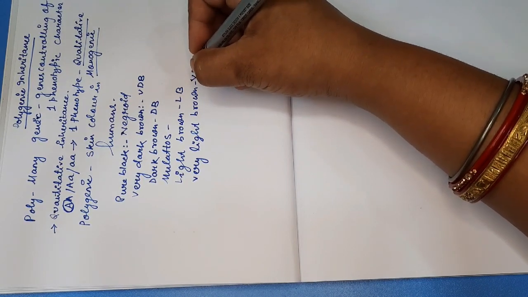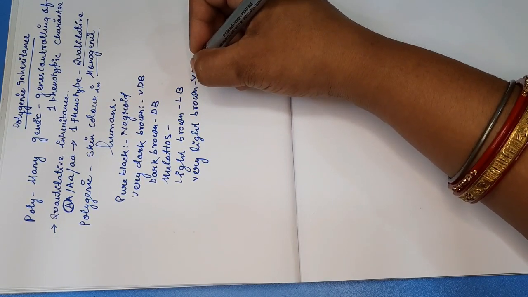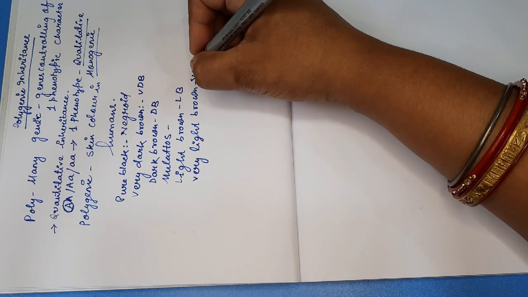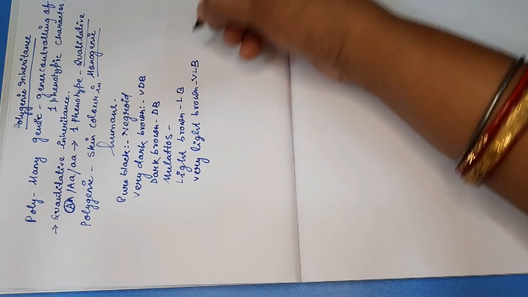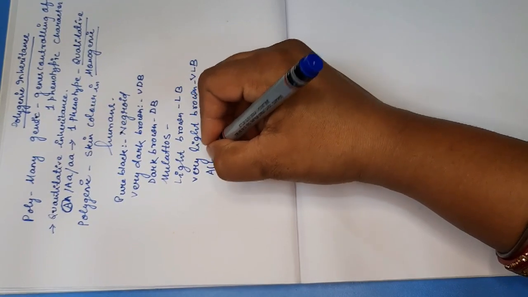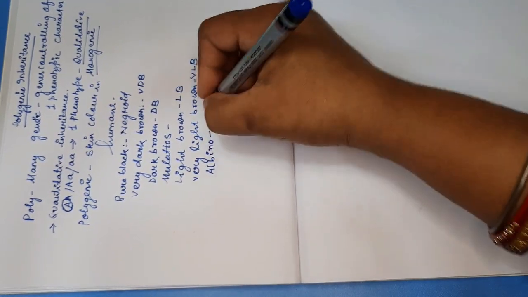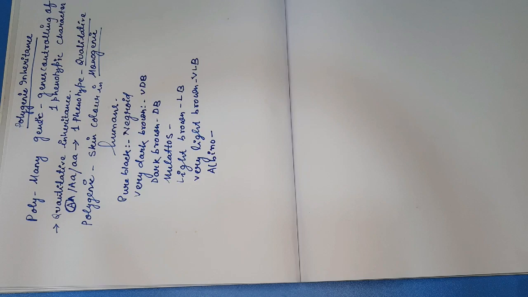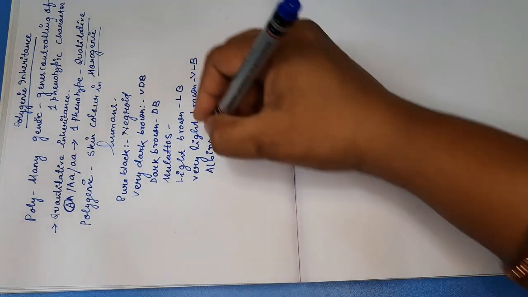When you go for buying your foundations, how you choose your skin type, essentially this involves the same thing. If you make your skin one shade still lighter, then you will find that you are becoming albino, and that is the extreme of the other phenotype, and it is otherwise called pure white.